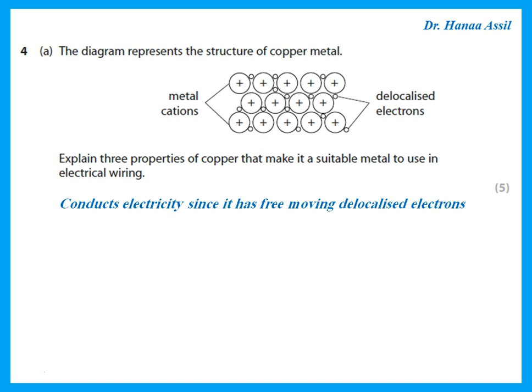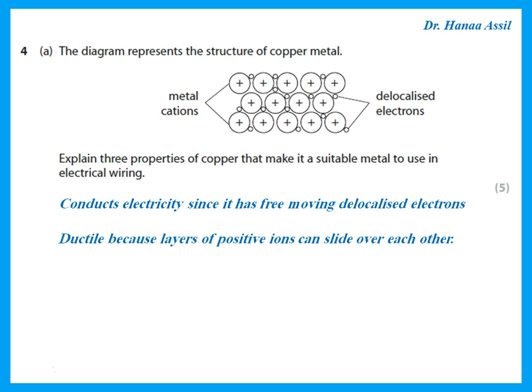Then, what other properties can we talk about? Well, obviously, you should realize that metals are malleable and ductile. Why are they malleable and ductile? What does malleable and ductile mean? We said malleable means it can be spread out into sheets, like aluminum foil, for example. And ductile means it can be pulled into wires.